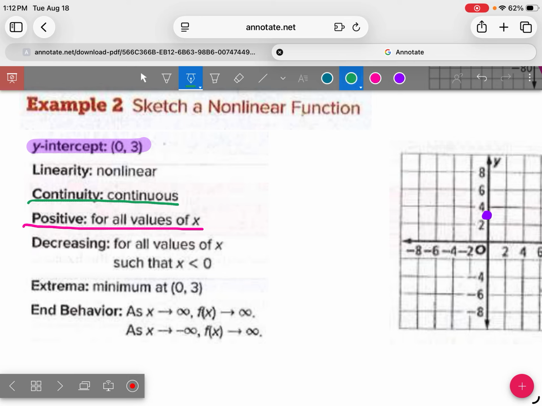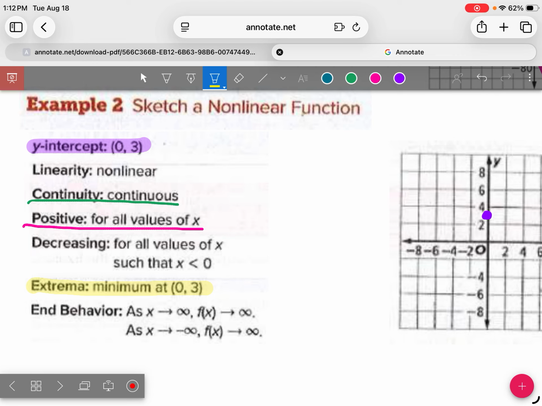We could do what we want to do with decreasing, like I could look at that again. I'm going to show us another way that we can do this. Because the other piece of information we have here is I know that we have a minimum at (0, 3).